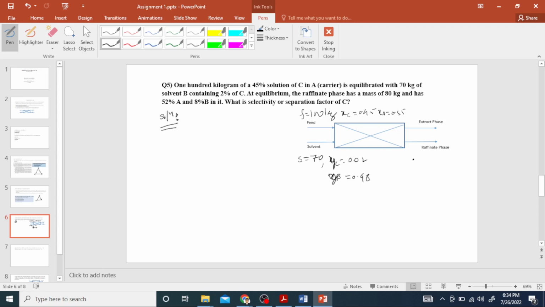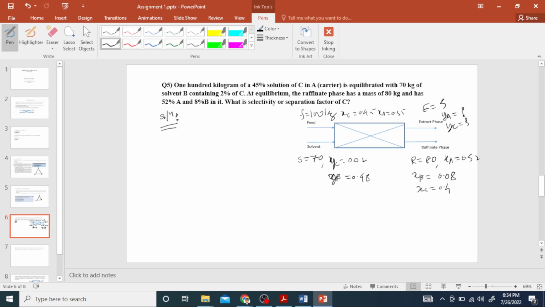Given raffinate is 80 kg with mole fraction of A 0.52, mole fraction of solvent 0.08. So what would be the mole fraction of the solute in the raffinate phase? 0.4, right? So here E we have to calculate, and the mole fractions YA and YC we have to calculate, right?